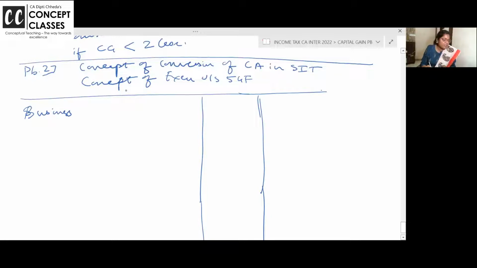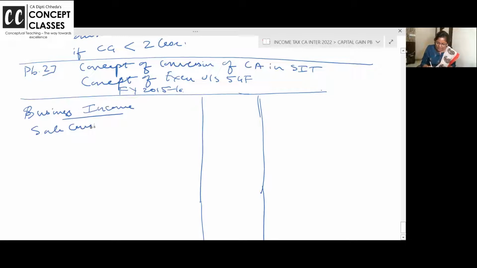Which financial year? Financial year 2015-16. Keep your hands on the first para. 15 and 16 mein. I converted my self-acquired property into plot. But plot I have sold in 15-16. So in 15 and 16, business income will come.